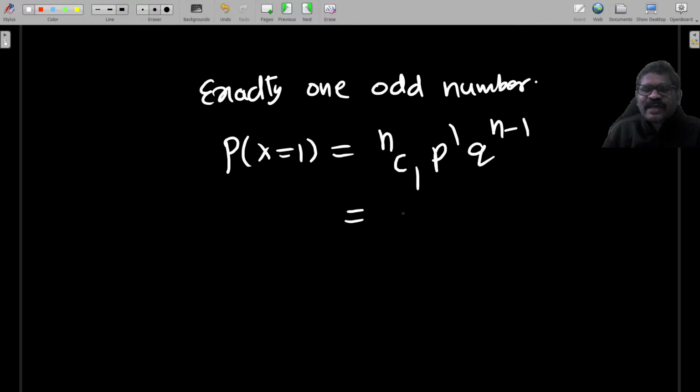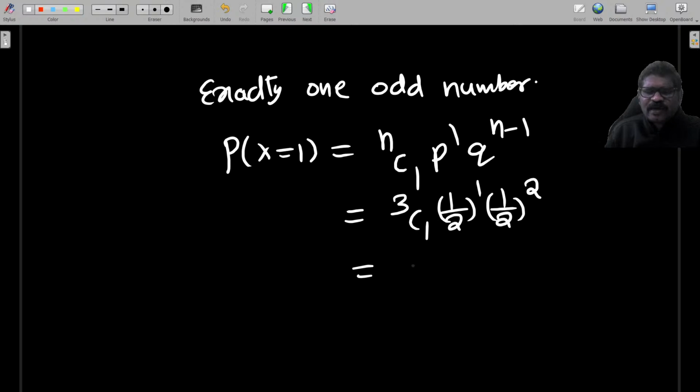Substitute the values of n, p, q here: 3C1, 1 by 2 whole power 1, 1 by 2 whole power 3 minus 1. Now 3C1 is 3, 1 by 2 whole power 1 into 1 by 2 whole square is 1 by 8, so 3 by 8. Probability of getting exactly one odd number is 3 by 8.